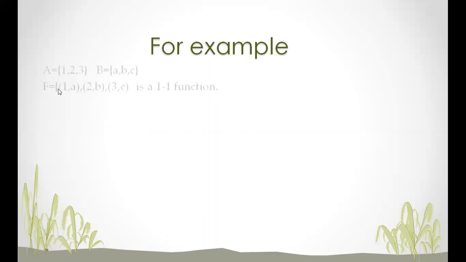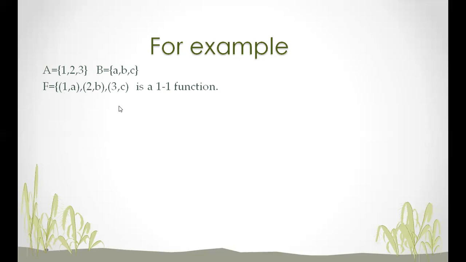For example, we have two sets A and B. A has three elements, 1, 2, 3, and B has three elements, a, b, and c. Here we see 1 to a, 2 to b, 3 to c is a one-one function.